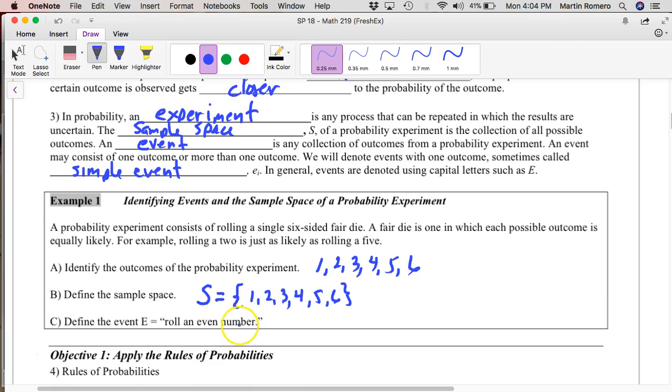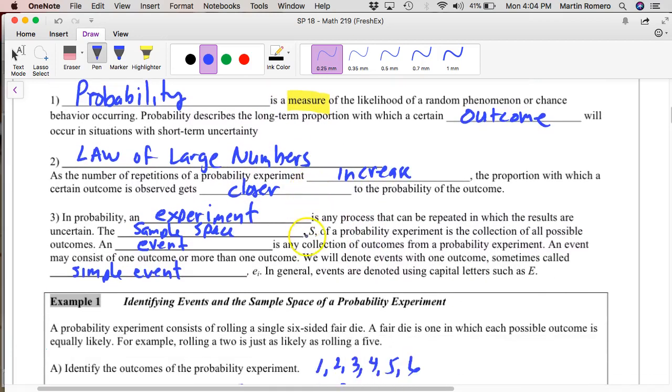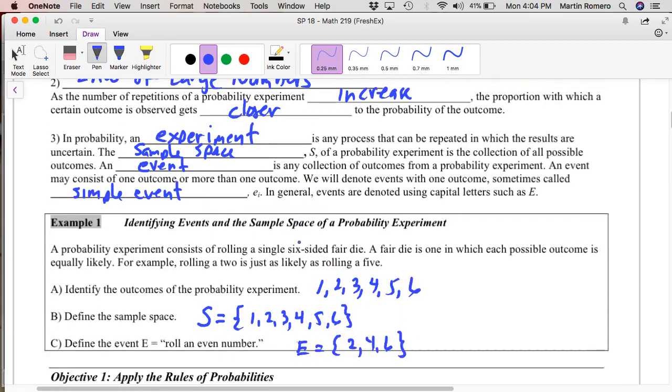In a case like that, the event would be equal to 2, 4, and 6. So this is the formal language we use to talk about probability and the ideas around us. We use probability and statistics because we're always trying to make decisions using statistics, and we need the idea of probability to support us with that.